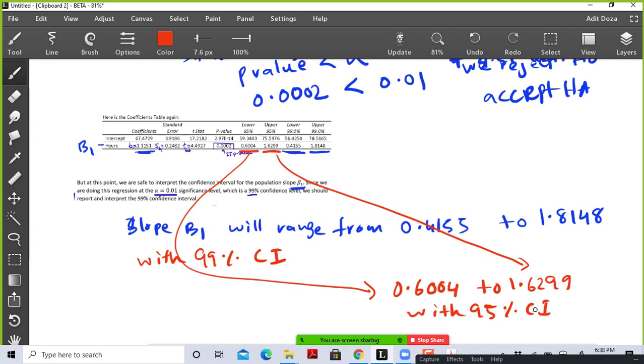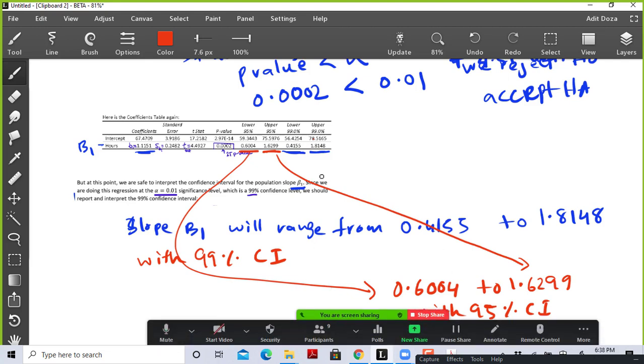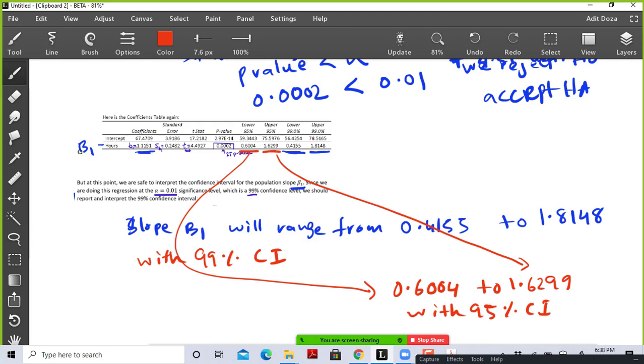Read the question carefully, because sometimes I might ask 99%, sometimes 95%. Read from the chart, and the slope of beta 1 is usually the first x variable, and its coefficient is your slope.